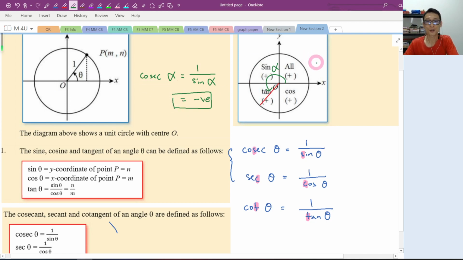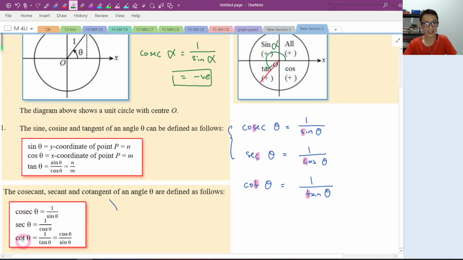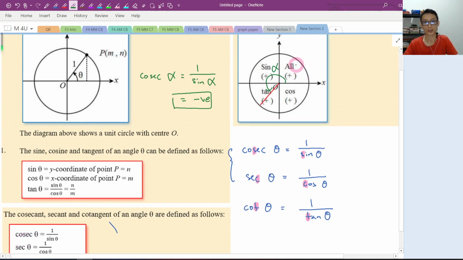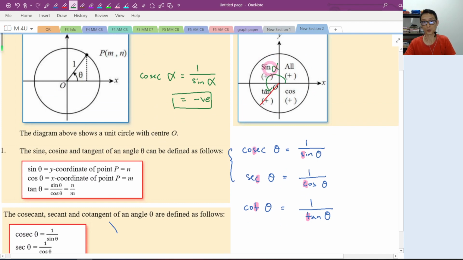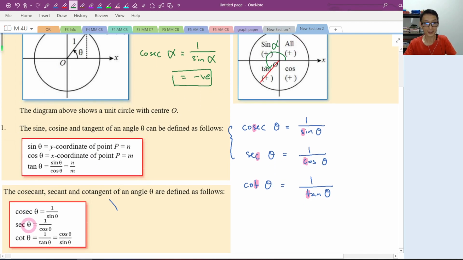So how about if I ask you the sign of cosecant, secant, and cotangent? They actually follow this ASTC. Cosecant is 1 over sine, right? So in the second quadrant, cosecant will be positive. First quadrant, cosecant will be positive as well. In the first quadrant, all will be positive. Secant is 1 over cos.